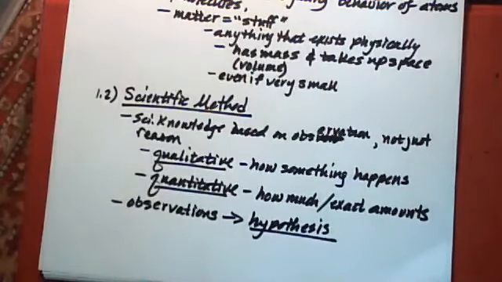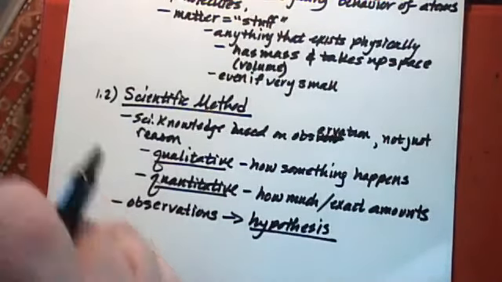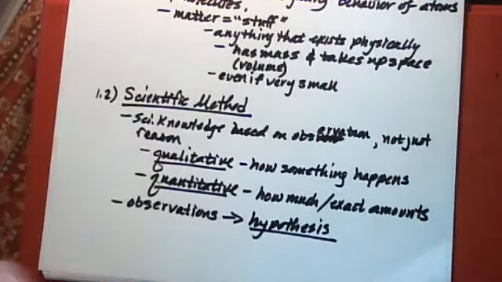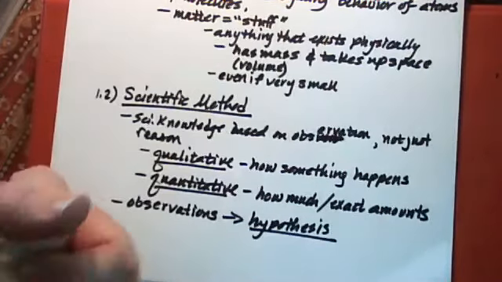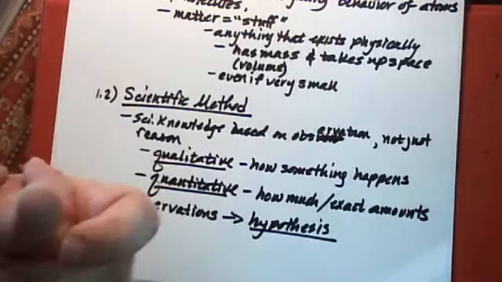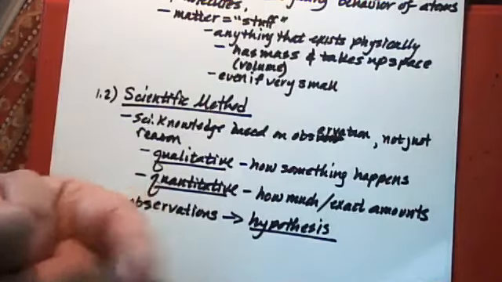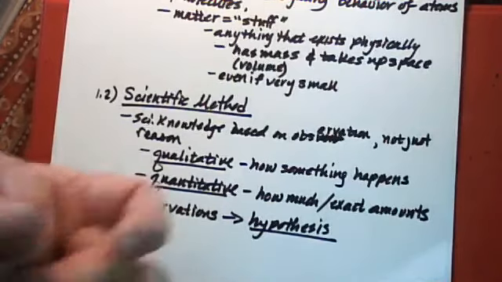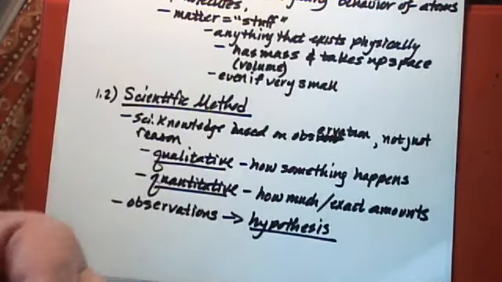Now, in everyday life, we use terminology that's not really consistent with the scientific method. A lot of times when somebody gives you some idea that you disagree with, you think it's half-baked, you'll say, well, that's just your theory. That's actually not a theory in the scientific method.